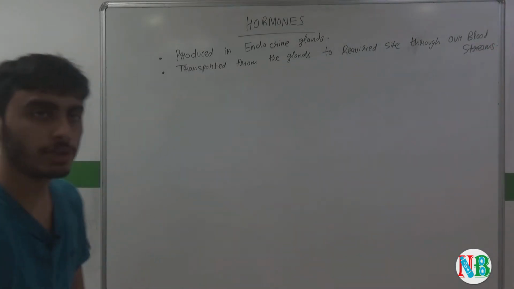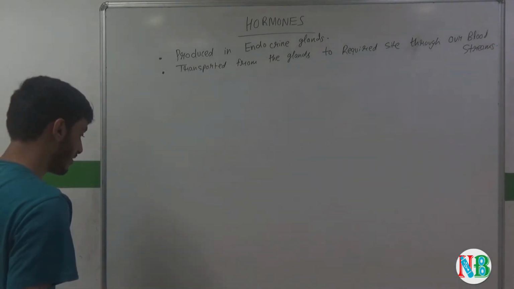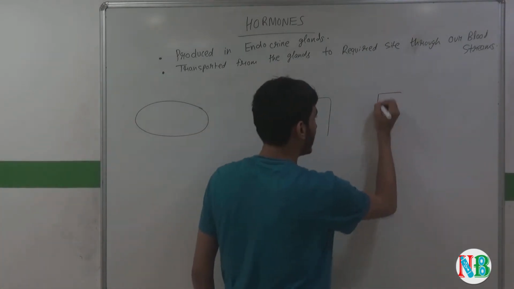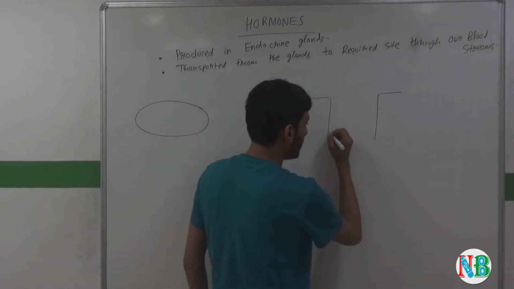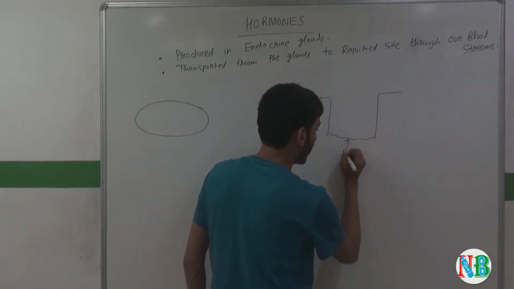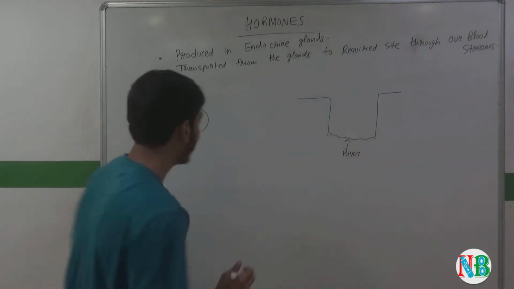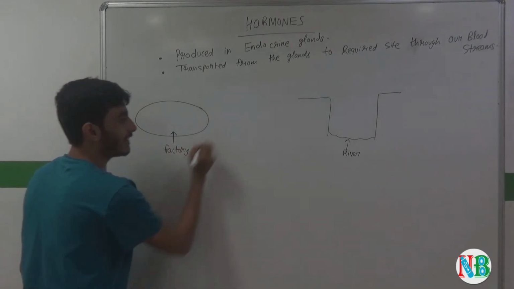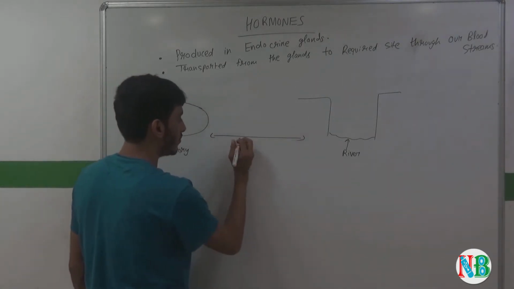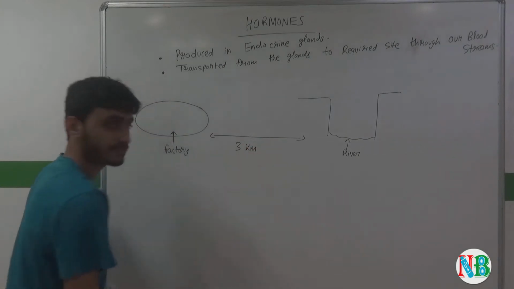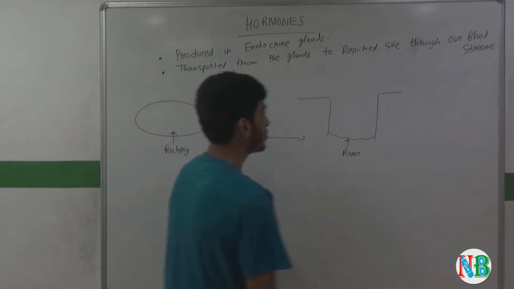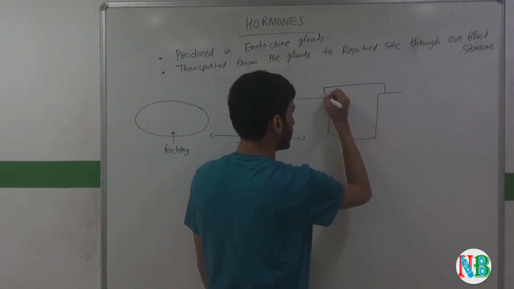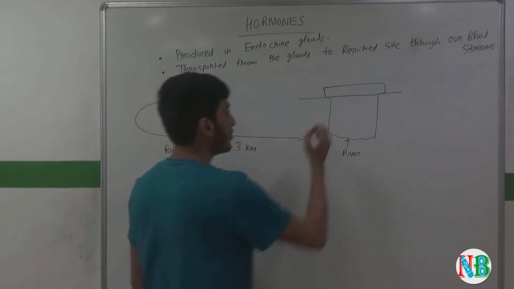If I explain hormones in simple terms, suppose you have a hill like this, and over here in the middle you have some kind of a river. And this is some kind of a factory, around 3 km far from this river. I'm planning to build a railway bridge over this, so I want to make a bridge.